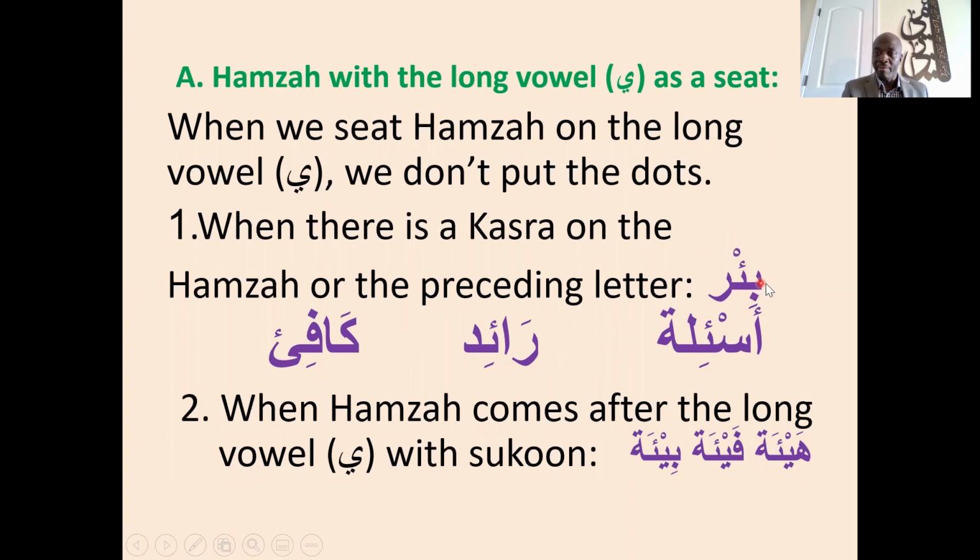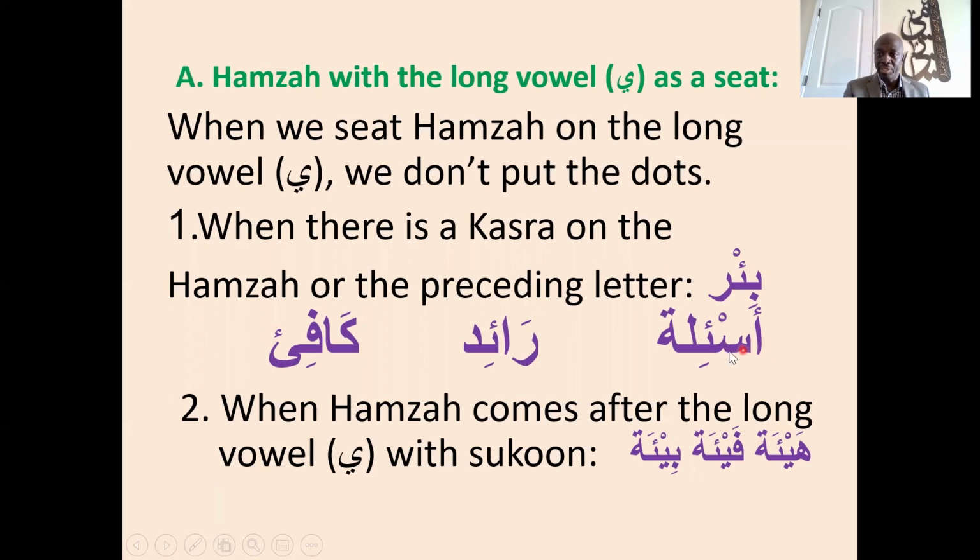For instance, here we have the letter ba, and the letter ba has the kasra. See the kasra, and the hamza itself has the sukoon. So the kasra is the strongest, so the kasra dictates the ya as a seat for the hamza. Bi'r, and bi'r is the well. As'ila, as'ila is questions.